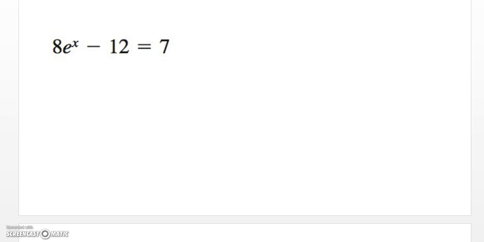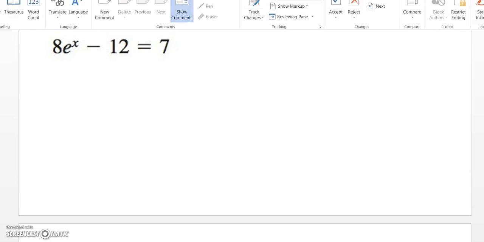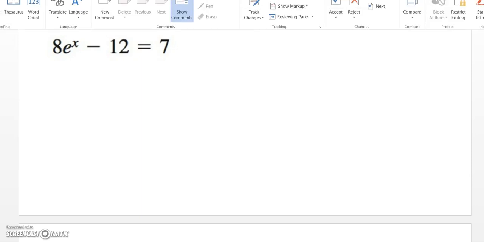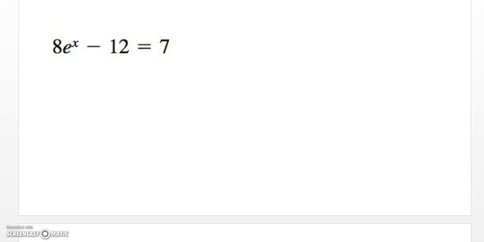So let's solve this equation, get the x by itself. So first thing is we will go to my pen. Add 12 to both sides.